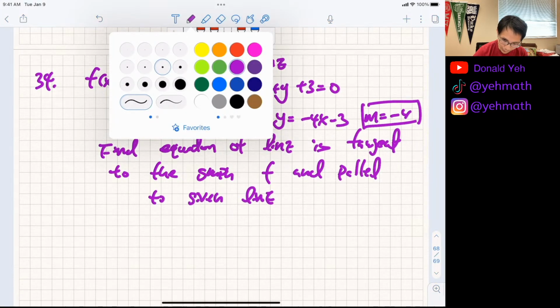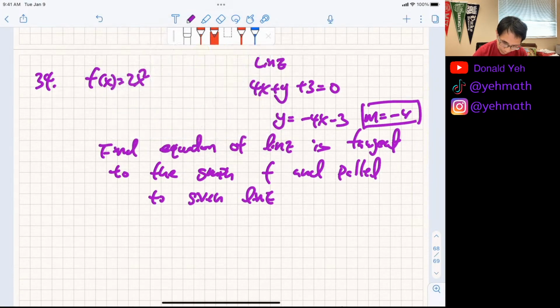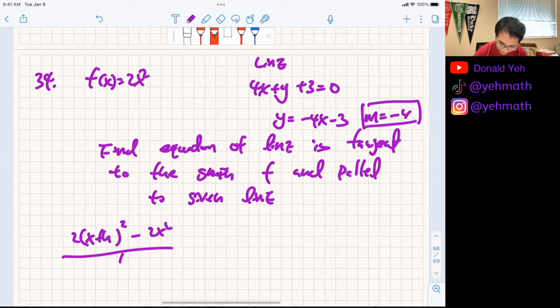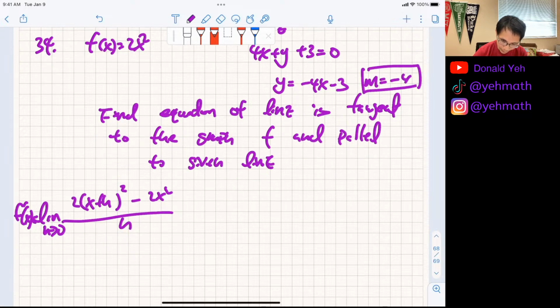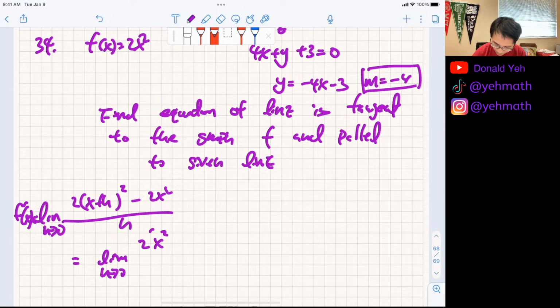Now, I'm going to take a derivative of this. So this one is just going to be the limit as h approaches 0 of 2 times (x plus h) squared minus 2x squared, over h, which is f prime of x. That's the limit of 2 times x squared plus 2hx plus h squared, minus 2x squared, over h.